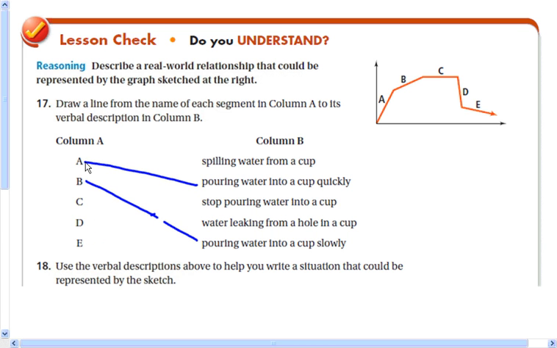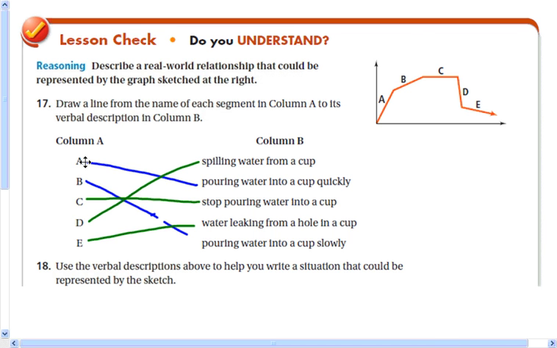D would be spilling water because it's going down really fast, and E is water leaking since it's going down slowly.